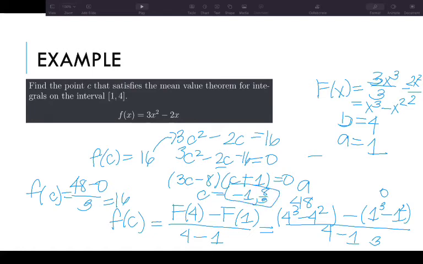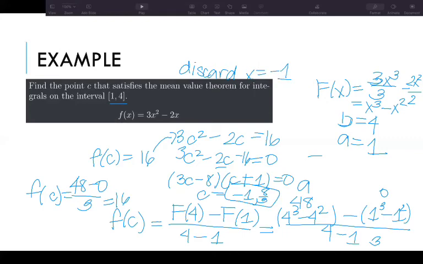However, as we can see, the interval is [1, 4]. This means that we discard c equals negative 1 since it is not in the interval.